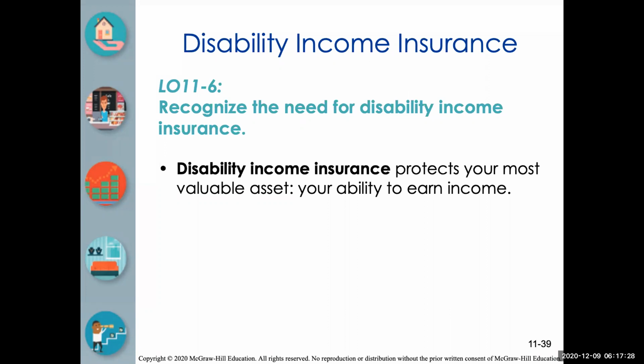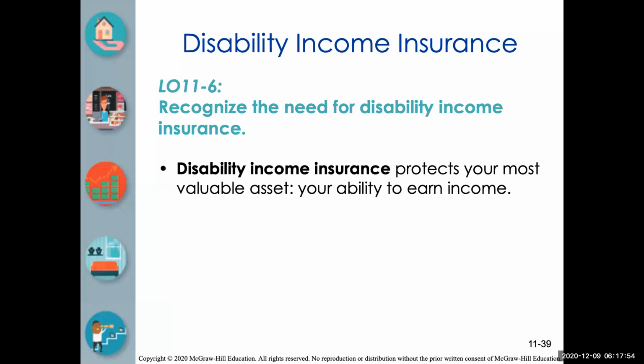But disability income insurance is designed to protect your most valuable asset, right? And that asset is your ability to generate income for your life, whether that's life alone or life with a spouse or a partner, or life with a family, meaning with children, doesn't matter.